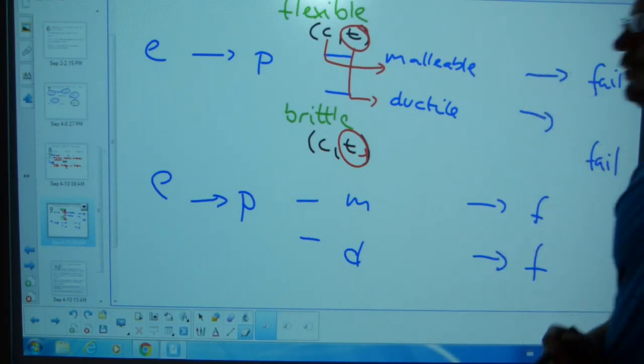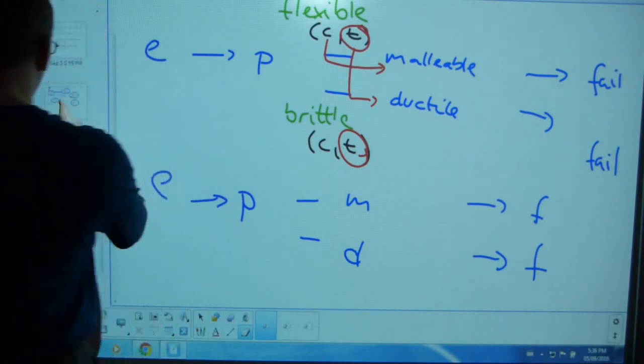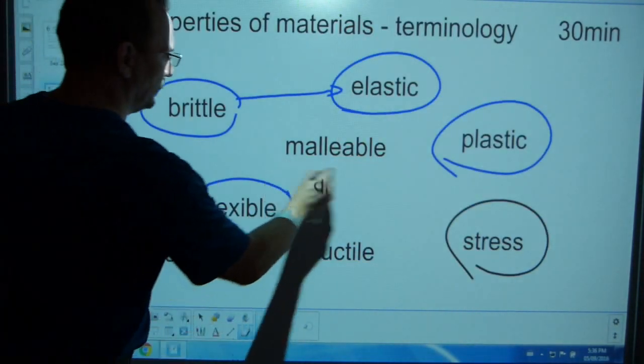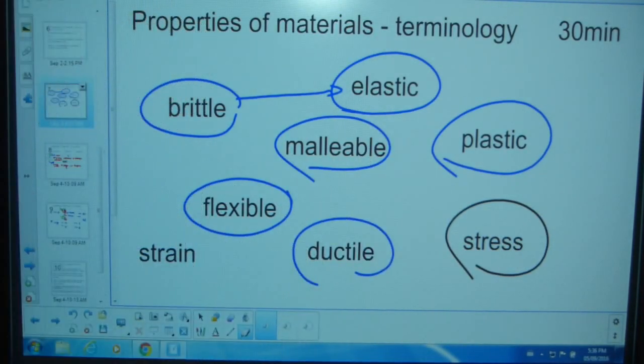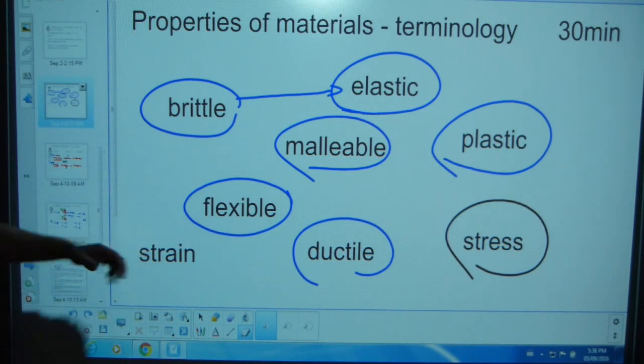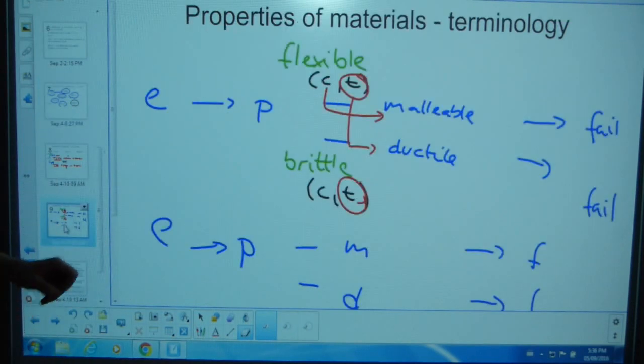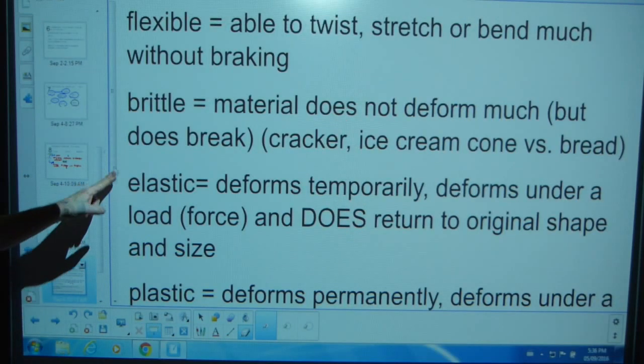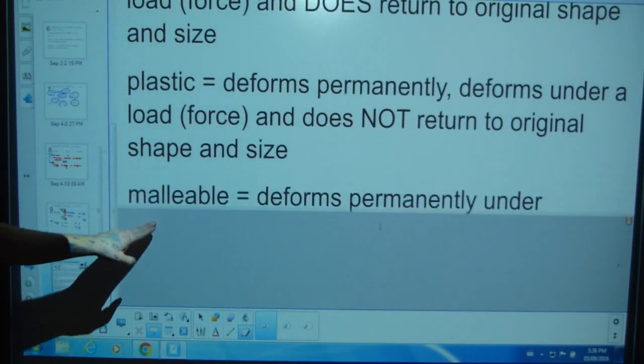So, definition for malleable, and we are doing the last two, malleable and ductile, and then we'll deal with strain.